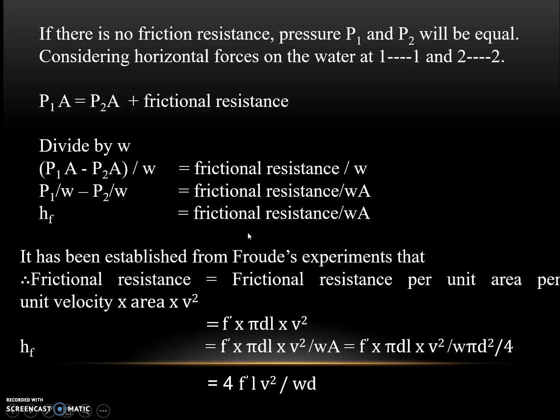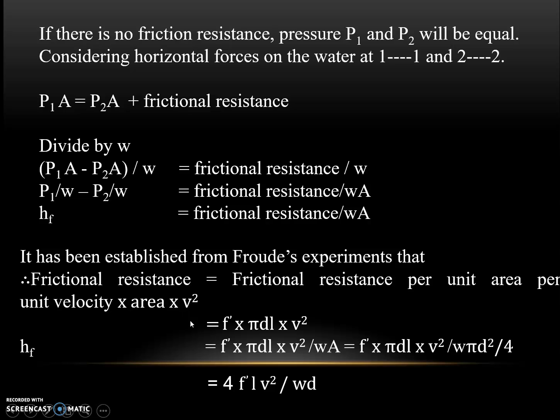And it has been proved from Froude's experiment that frictional resistance is equal to frictional resistance per unit area per unit velocity into area into V square.